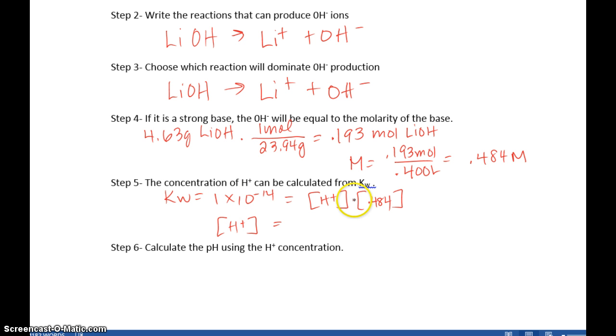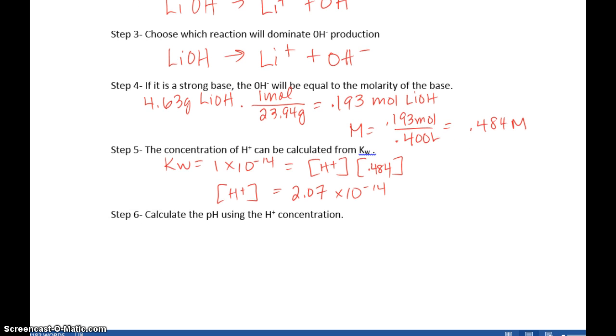So if I take 1 times 10 to the negative 14 and divide by 0.484, I'm going to end up with 2.07 times 10 to the minus 14. Then it says to calculate the pH using the hydrogen ion concentration. So pH is equal to the negative log of 2.07 times 10 to the minus 14, and I end up with a pH of 13.68, which makes sense. It's a basic pH for a basic problem. If I had gotten an acidic pH, I would need to look back and check.